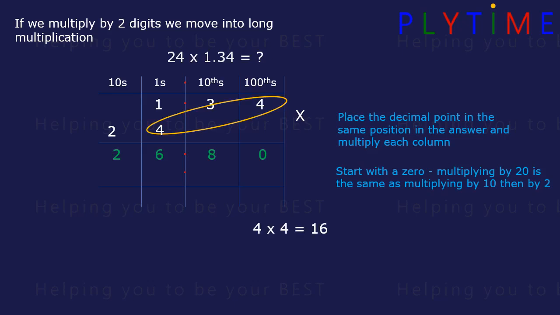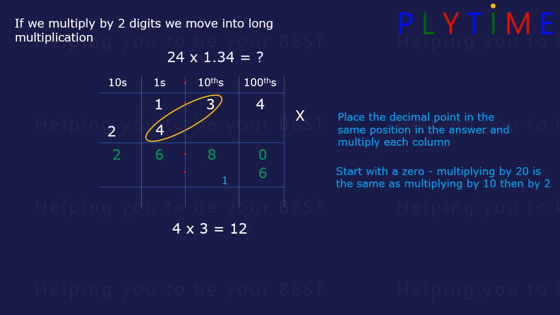Add the 6 and carry the 1 forward. Then 4 multiplied by 3 is 12, plus the 1 we've brought forward is 13. So we write the 3 and carry the 1 forward. Now 4 times 1 is 4, plus the 1 we've brought forward is 5.